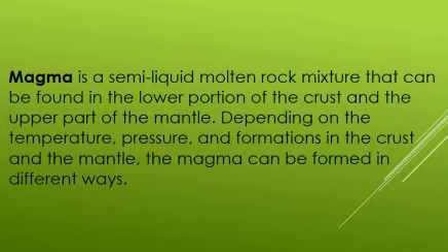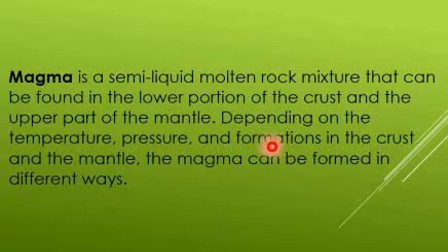Now, talking about magma, so magma, it is a semi-liquid molten rock mixture that can be found in the lower portion of the crust and the upper part of the mantle. So yun nga, semi-liquid molten rock. So kumbaga dahil sa sobrang init diyan sa mantle, tinunaw yung mga bato.